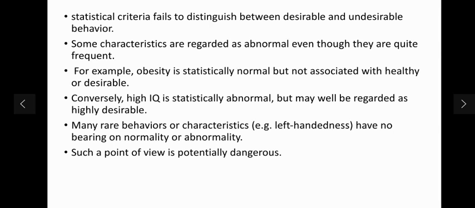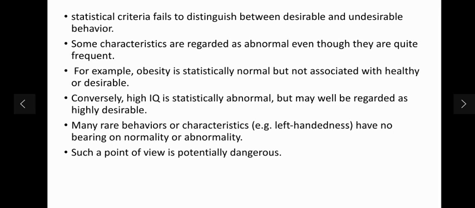Another instance is of being gifted, a genius, or having a very high IQ. Having a very high IQ is statistically abnormal because it is very rare. But when we think from the desirability point of view, it is highly desirable to have a very high IQ. The next point is that there are certain characteristics which may be very rare but have no bearing on normality or abnormality, for instance, being left handed.